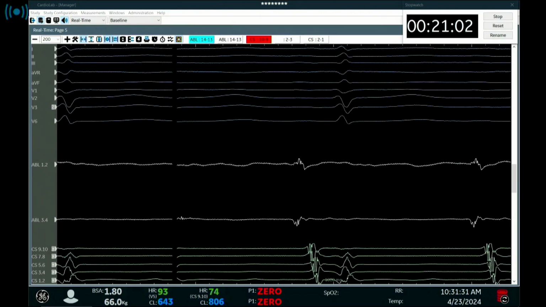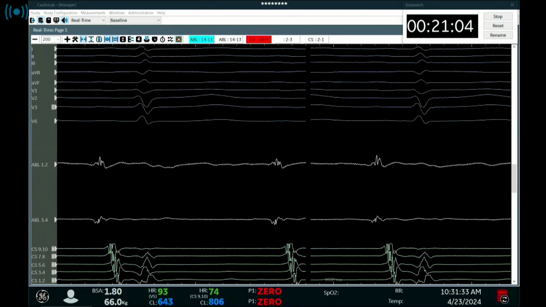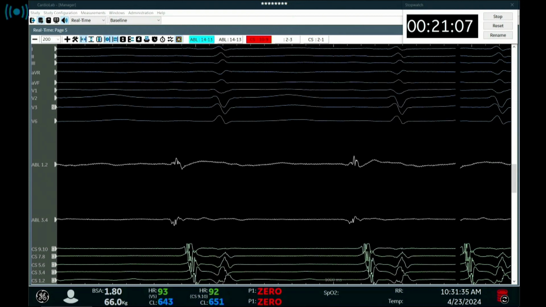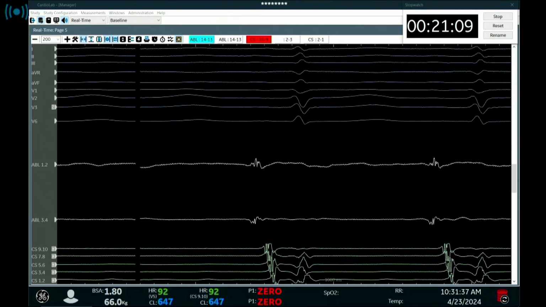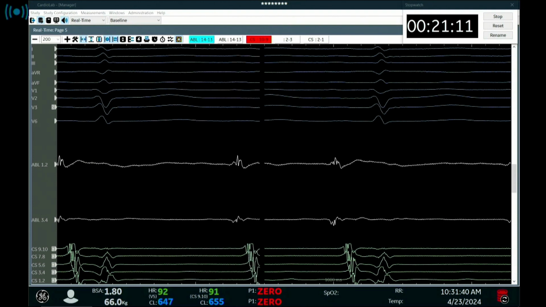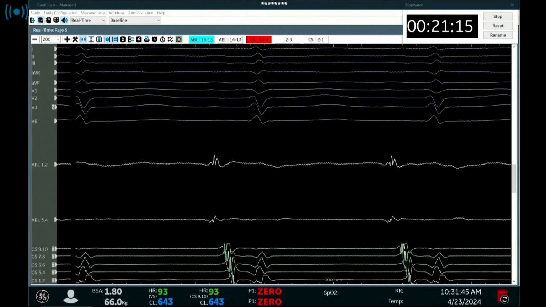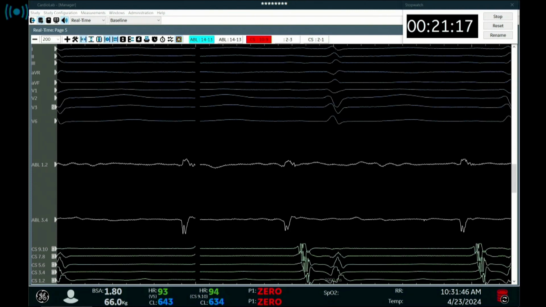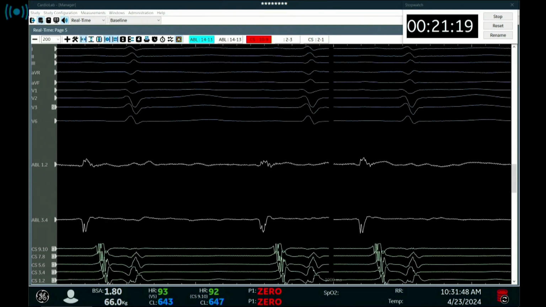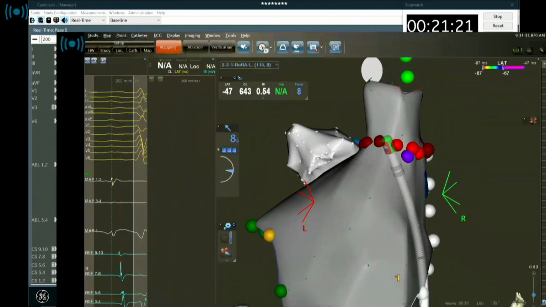So there were 70 beats per minute, the baseline rate. After isoprel, it was 115. After ablation of these spots, we accelerated to 150, and we continued ablation around the ostium of SVC.